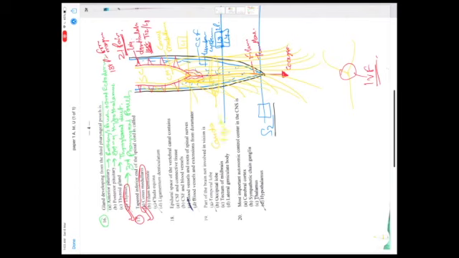Now cauda equina, don't confuse, is not made up of spinal nerves. It is made up of nerve roots, because these nerve roots join at the intervertebral foramen to form a spinal nerve. Okay, so all the relevant important points I have covered here.